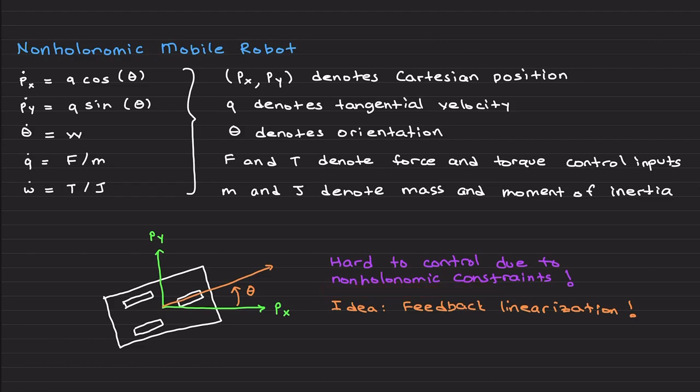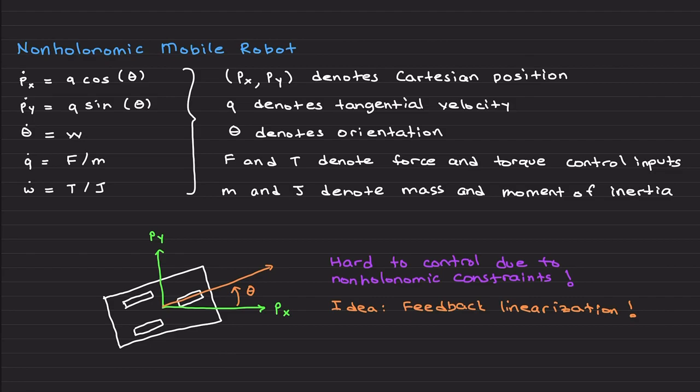Let me briefly explain what I mean by non-holonomic. Think about your car. You can easily go in the forward direction, but it is harder to go sideways. Think about parallel parking: you need to do a zigzag type of behavior. This is only because your car has a non-holonomic constraint.